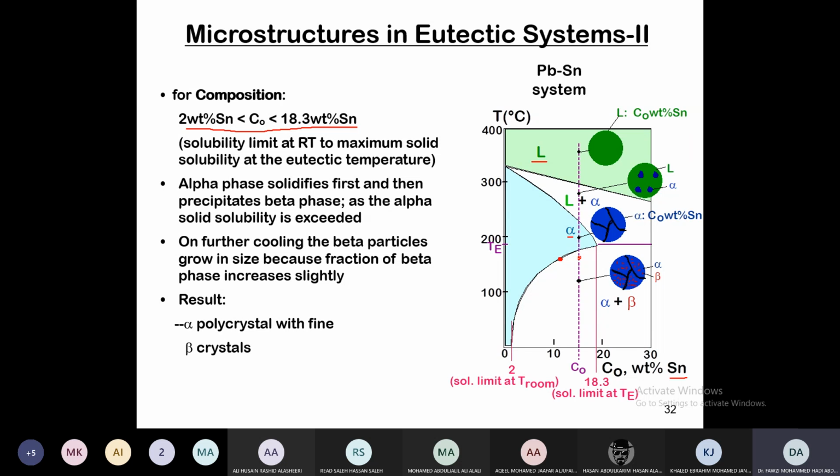The solubility limit is this, while the amount of tin that you have is much higher. So what is going to happen?